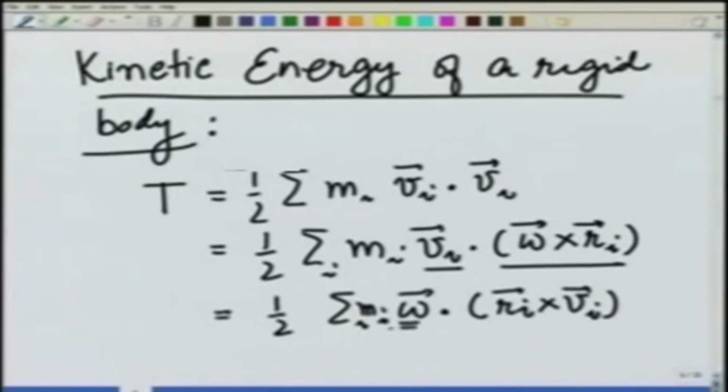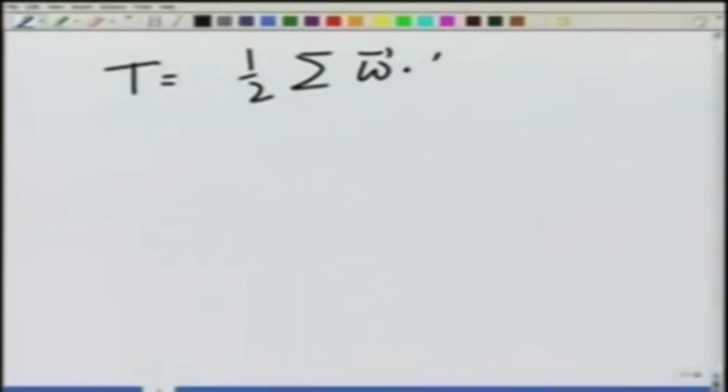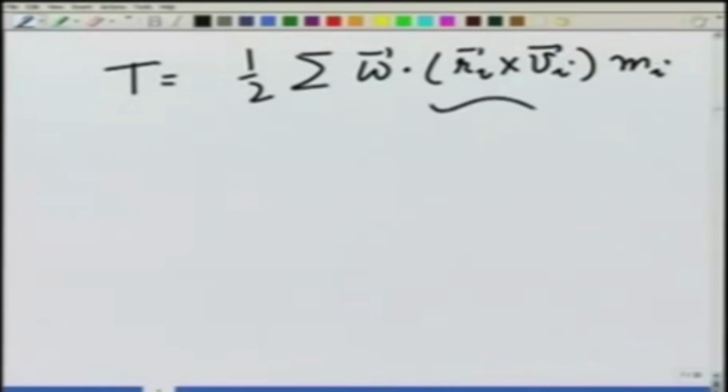Since this omega is constant, summation m_i R_i cross V_i is L. This comes out to be 1/2 omega dot L.